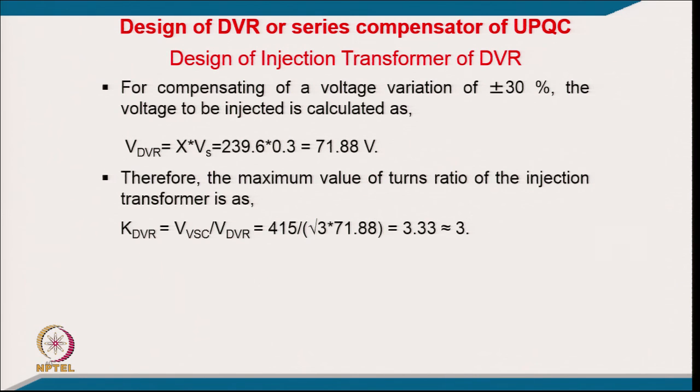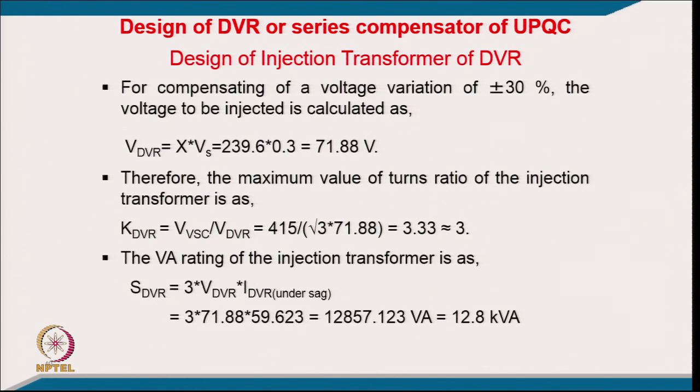If the DC link is decided by the shunt capacitor, which corresponds to 415 volt, that much voltage the series converter is generating, 415 volt, but you want only typically 71 or 72 volt. So, the turns ratio can be of the order of 3, and the VA rating of the transformer you can find out as 3 VDR and IDR, because the series current is around 59.63 and the voltage injection 71, multiplied by 3 phases.